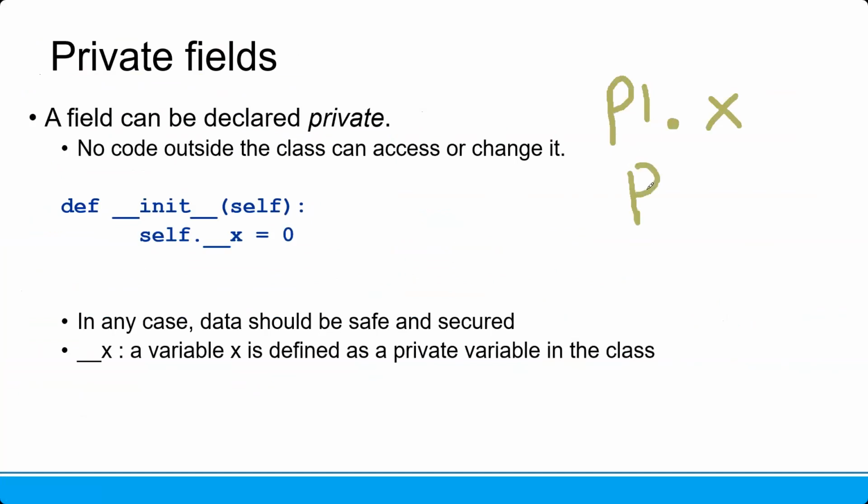If I want to know P1.y, I can know the value of y. We call this a public data member. When it is a public data member, whenever you want to access the data, you can see it.